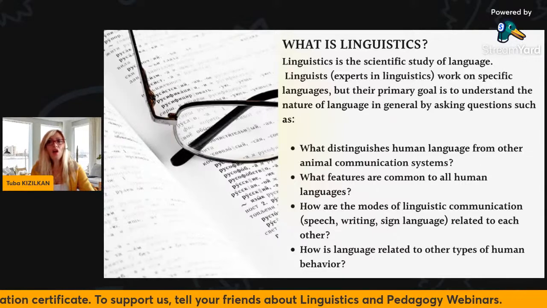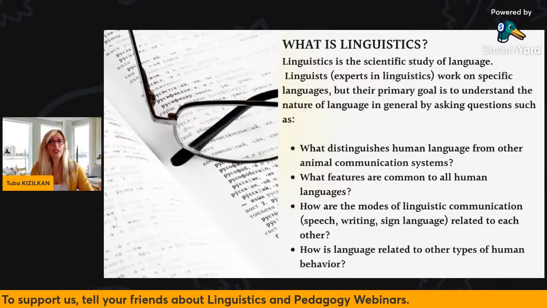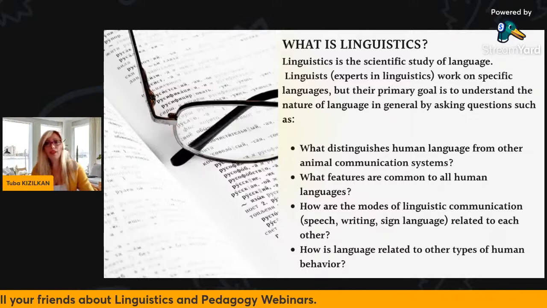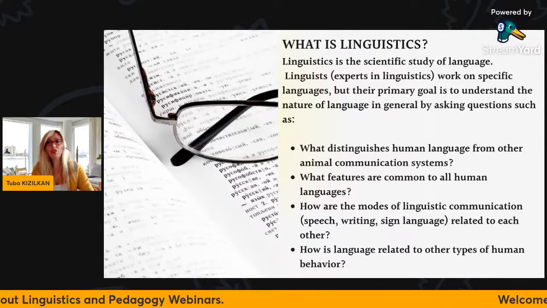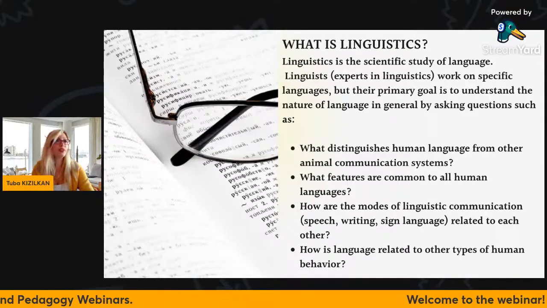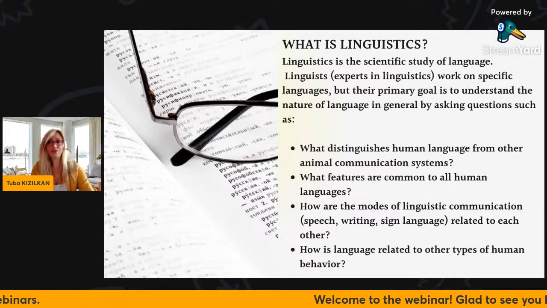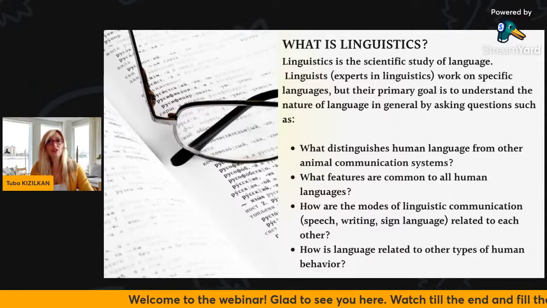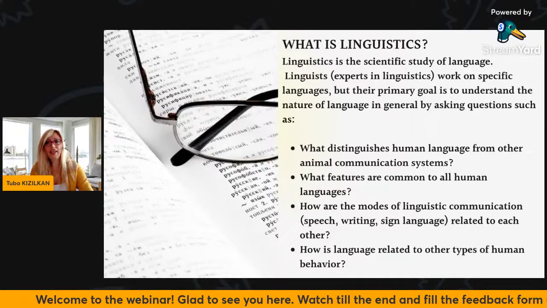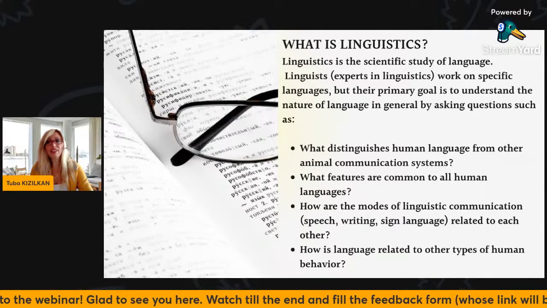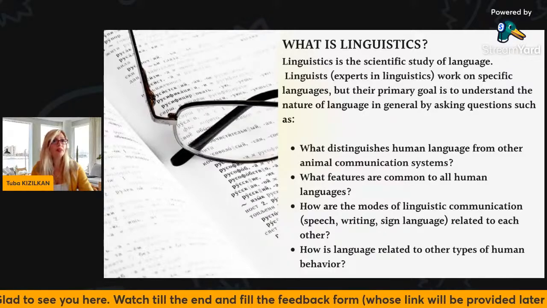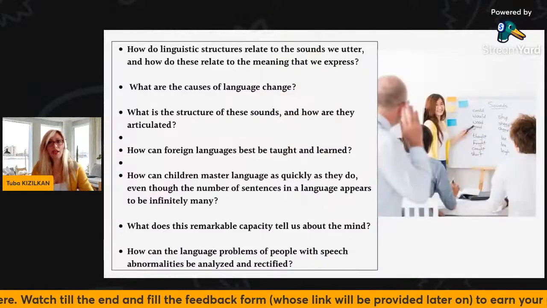And how are the modes of linguistic communication, for example writing, sign language, and speech, related to each other? What is the interrelation between the modes and components of linguistic communication? And how is language related to other types of human behavior? That's also a crucial question.